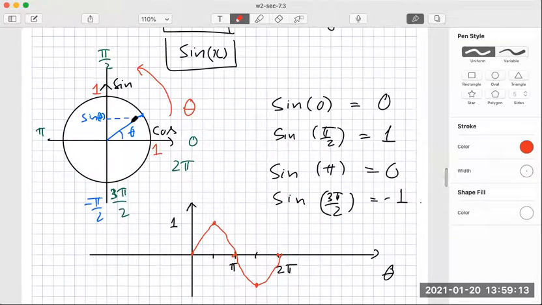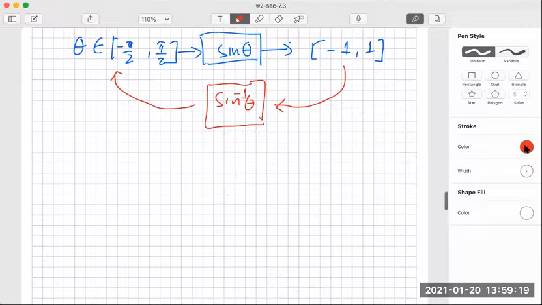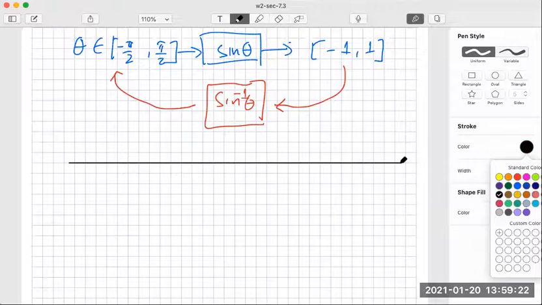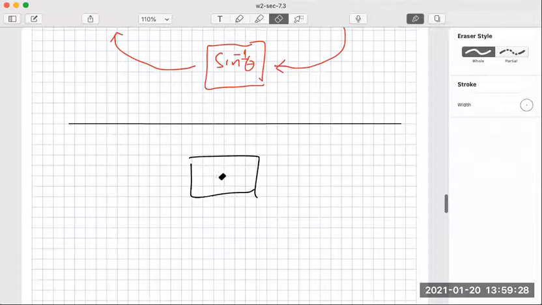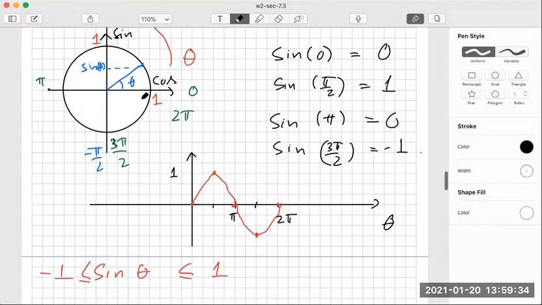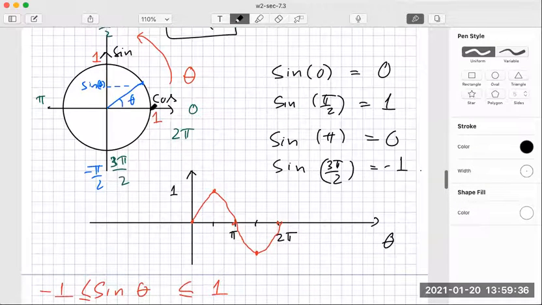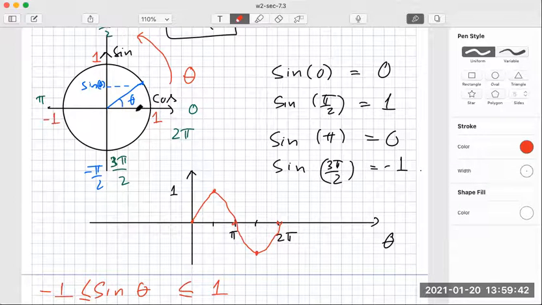How about the cosine function? We'll review a little bit about sine inverse and cosine. Here, for the cosine function of theta, on the unit circle, in order to cover the range -1 to 1 of the cosine axis here, the angle theta will go from 0 to 2 pi, right?